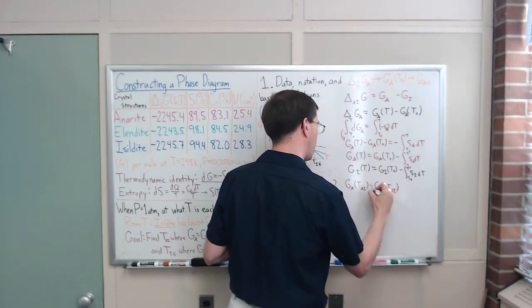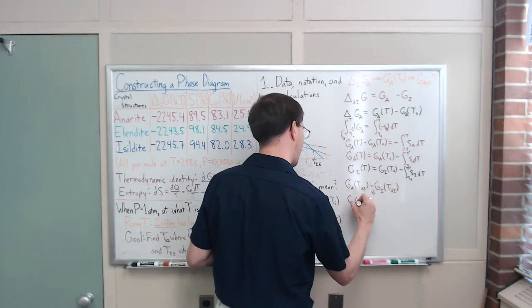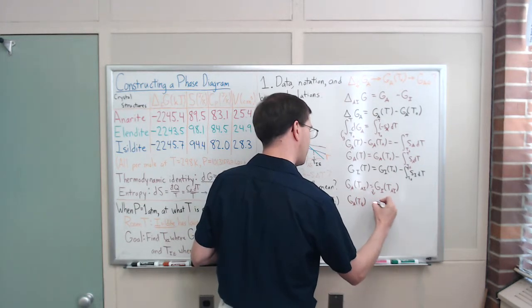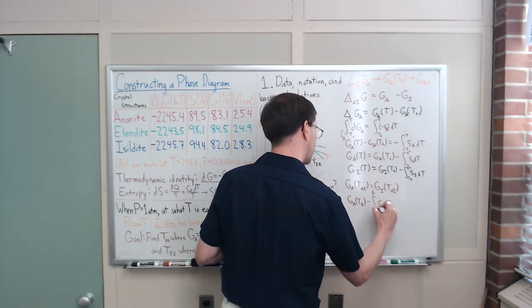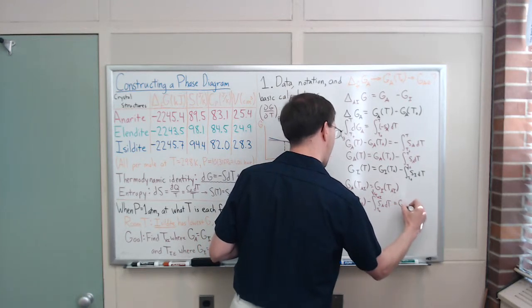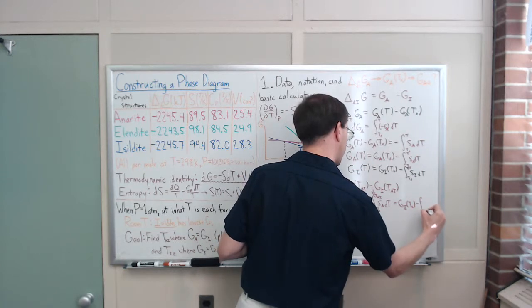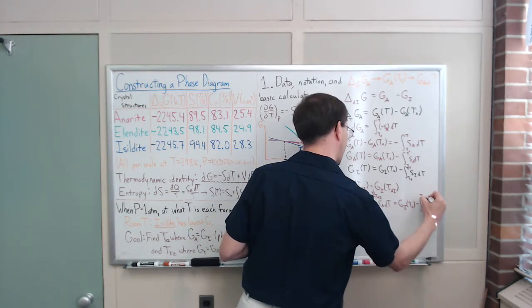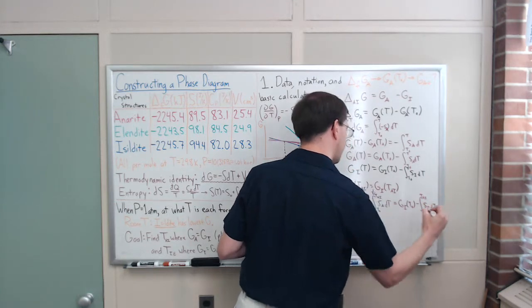When I set those equal, that tells me that G_A of T naught minus the integral of S_A dT from T naught to T_AI should equal G_I of T naught minus the integral from T naught to T_AI of S_I dT.